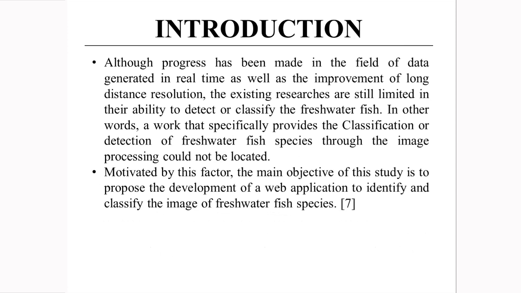In other words, a work that specifically provides the classification or detection of freshwater fish species through image processing could not be located. Motivated by this factor, the main objective of this study is to propose the development of a web application to identify and classify the image of a freshwater fish species.